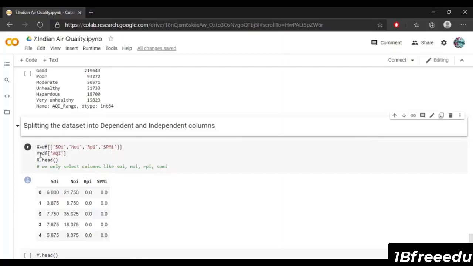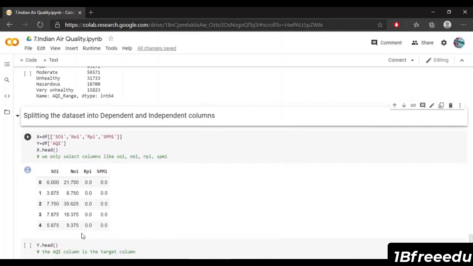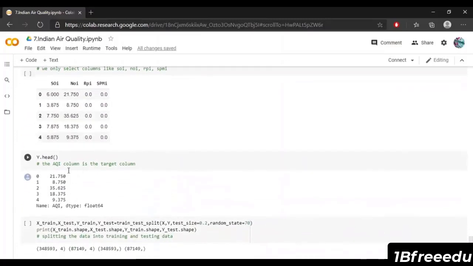And then as we are predicting a number, we have taken the AQI or air quality index on the Y, and as you can see, this is our X dot head. So these are all the X values. And then over here, these are our target columns.